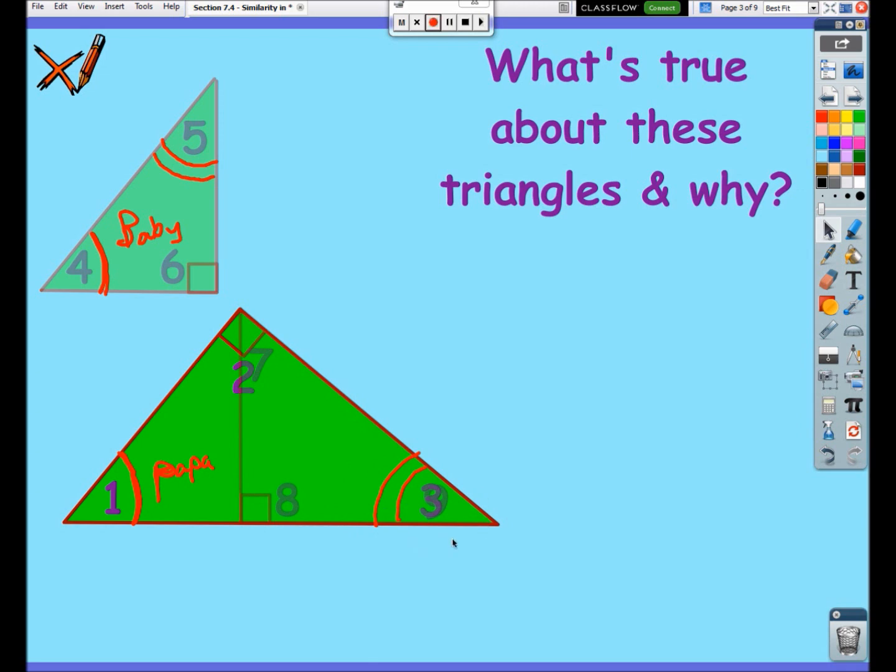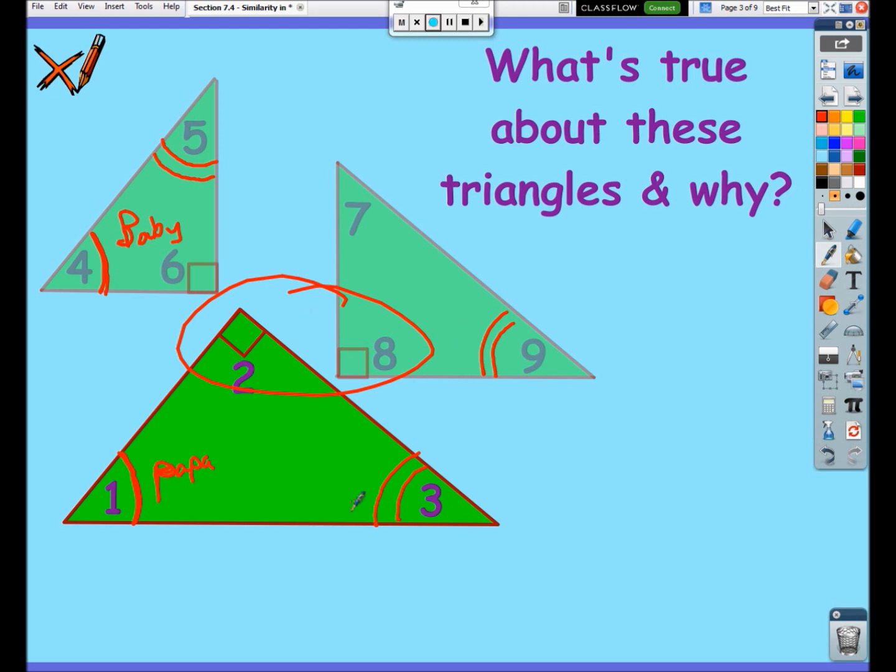They overlap perfectly with each other. So if papa triangle has 2 arc marks on angle 3, we should also get to put 2 arc marks on angle 9 of the mama triangle because, again, they're really identical angles to each other.